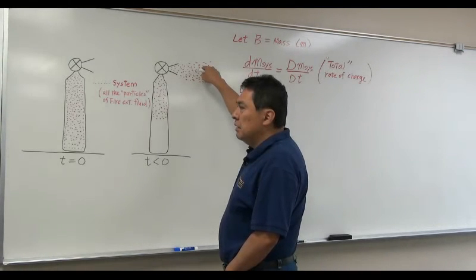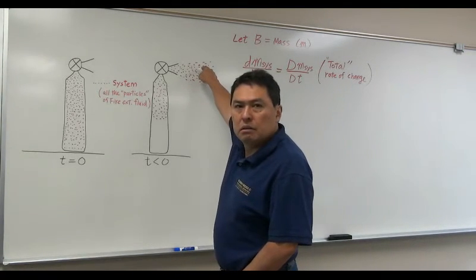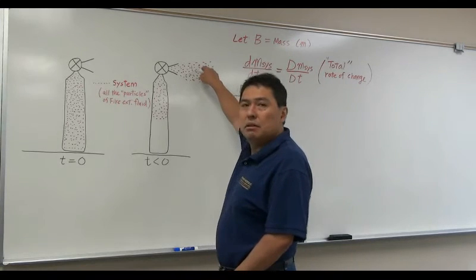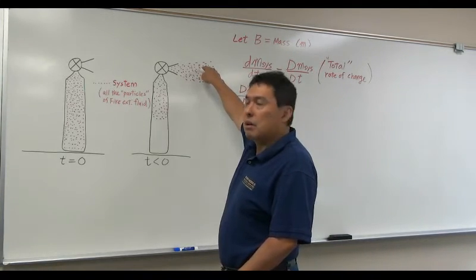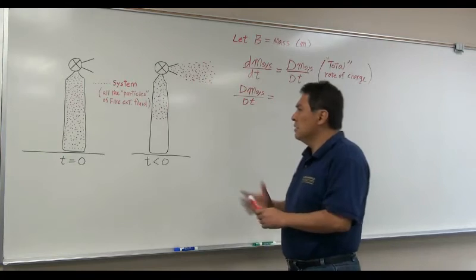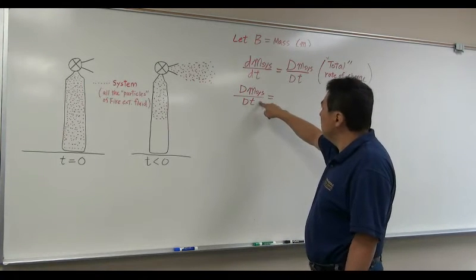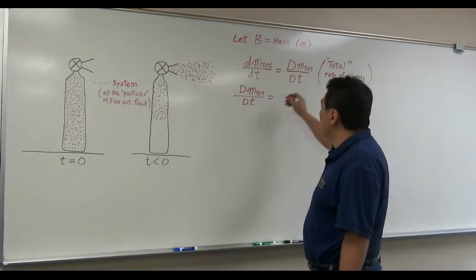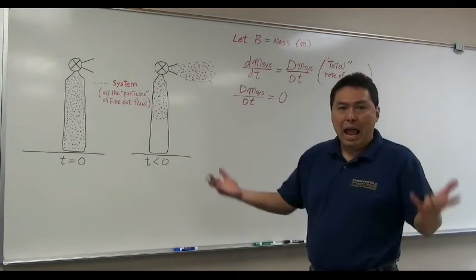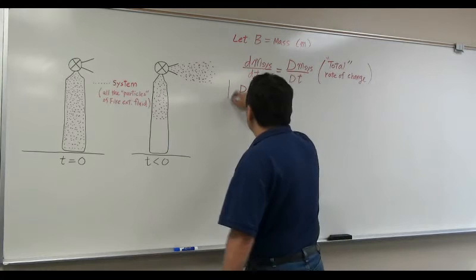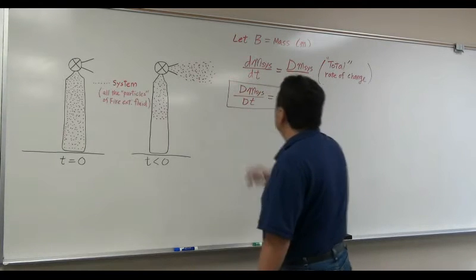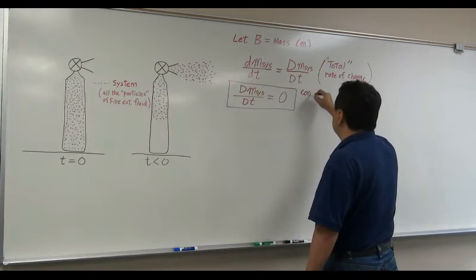Your answer is, well, it's the same, isn't it? Mass doesn't change. Yeah, it's the same amount of mass. So what's the conclusion? How does the mass change over time, over position? It doesn't change. Mass doesn't change. That's what I'm saying. Have you ever heard of it? This is called the conservation of mass principle.